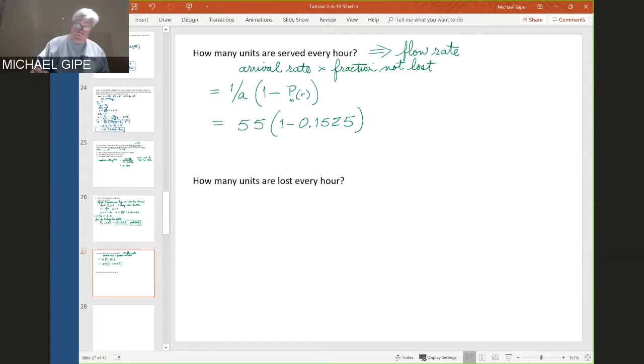And that works out to 46.613 units served per hour.